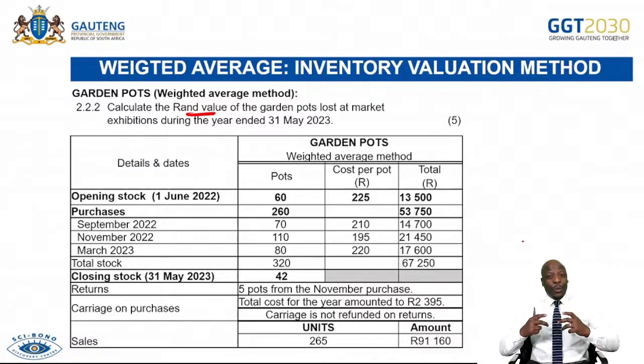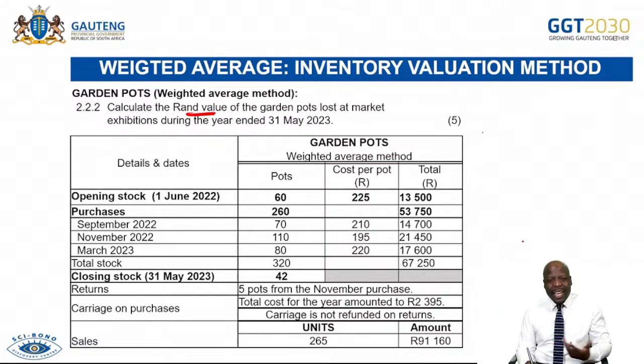In the previous question we only calculated the cost per unit, and here we are used to calculating the number of missing units, but the examiner changed it now. He wants the value. But we still have to get the units first, so let's do that.